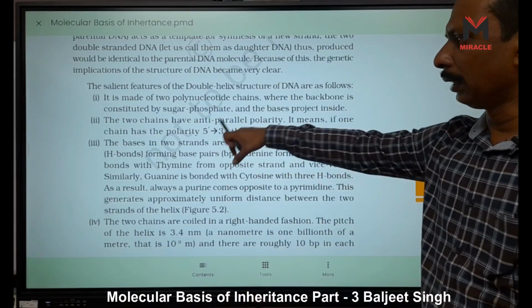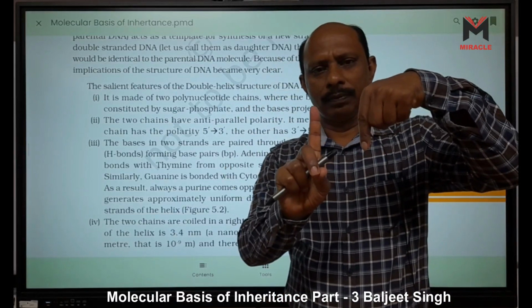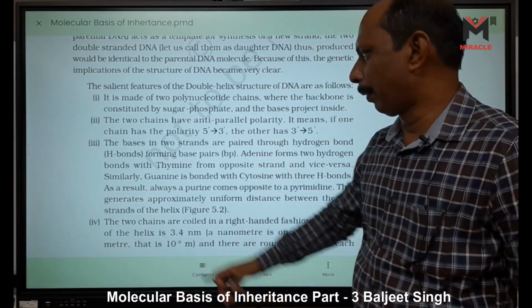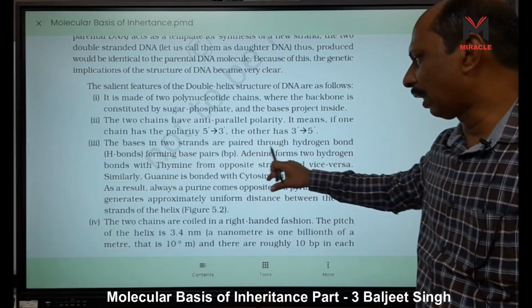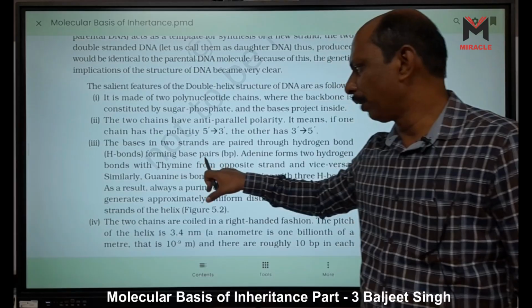The other chain is just opposite, 3' to 5'. This is anti-parallelism.